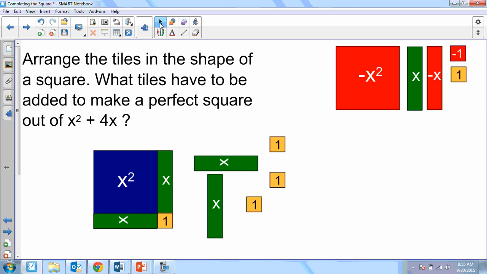So we want something like a line here and a line here. That's going to help us get our dimensions when it's all said and done. So how can we arrange them now, keeping that one top and side as it is, to get a perfect square?